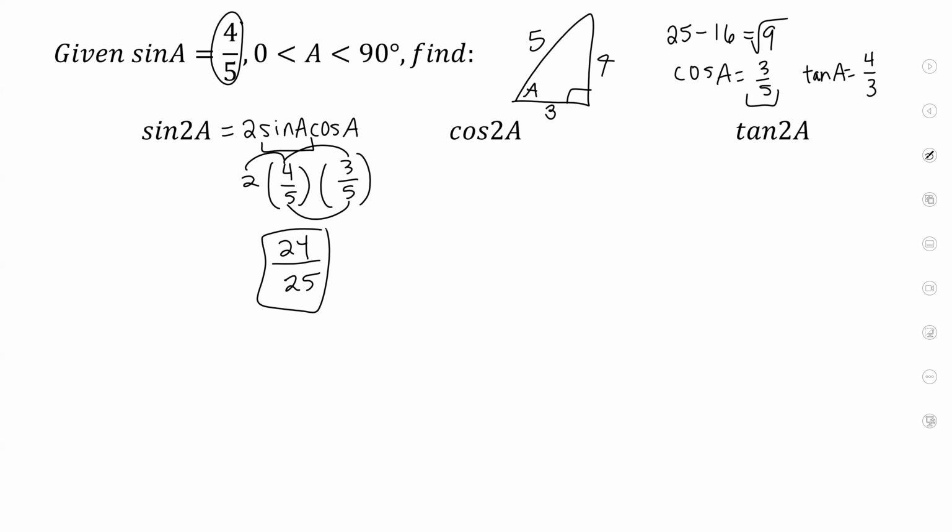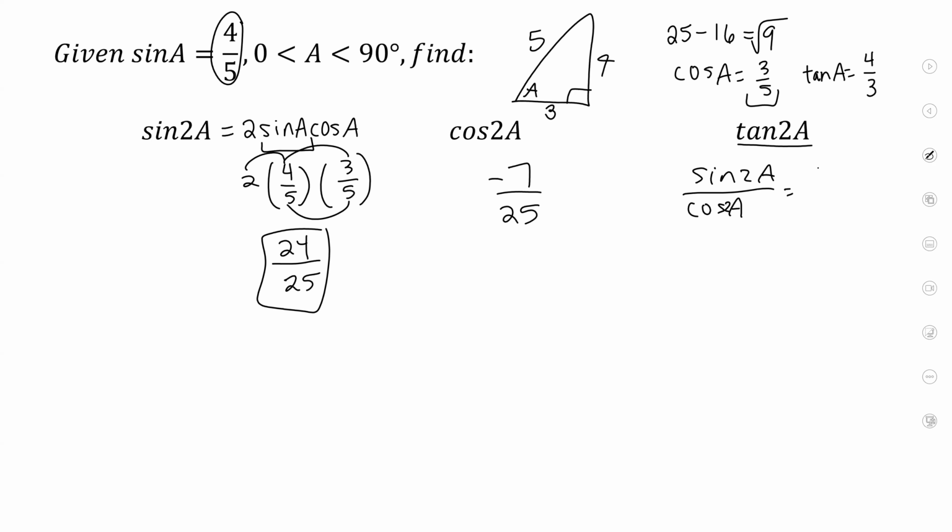Now use the double angle formula for cosine and tangent to find those values. All right, great. Ava, what'd you get for cosine of 2A? -7/25. Perfect. Did you use the double angle formula for tangent? Okay, let me know if you get the same thing that I get. I'm just going to do sine of 2A over cosine of 2A since we already have those answers.